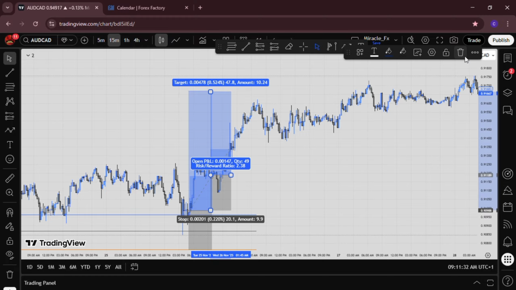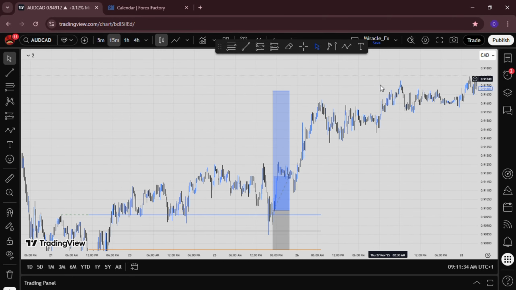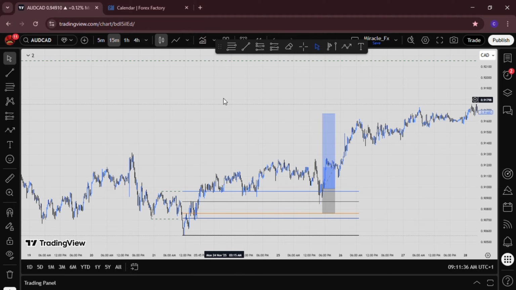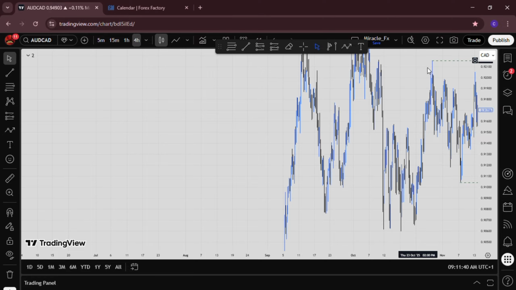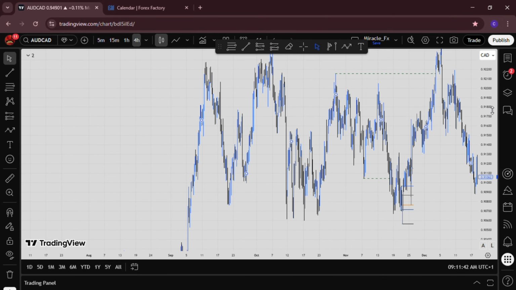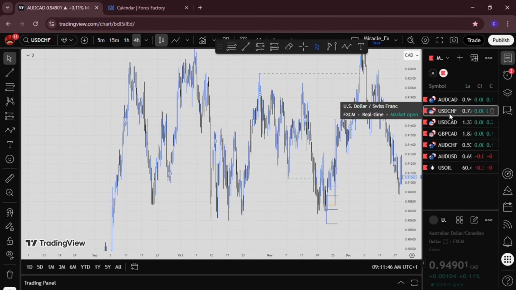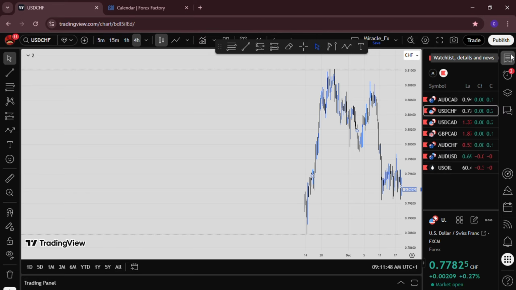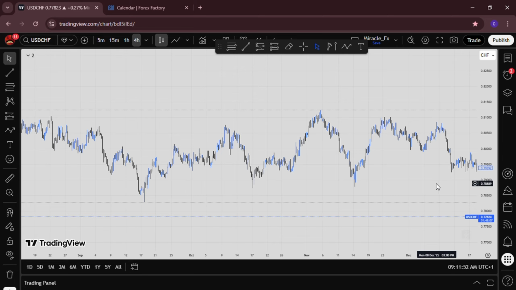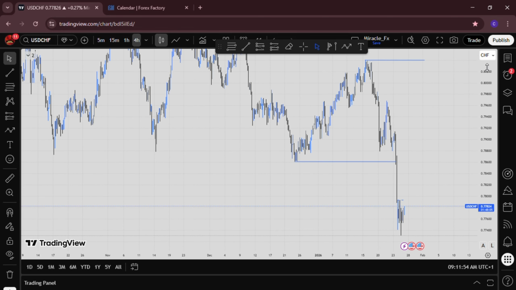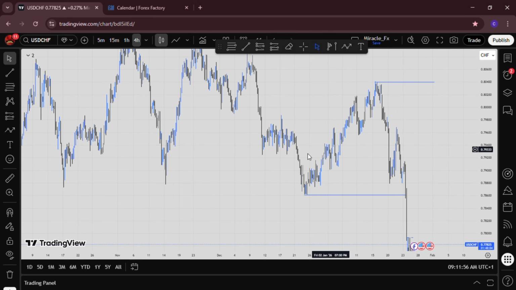Let's look for another example. Head over to the 4 hour time frame. Let me use another currency pair. Here's the CHF. For example, this is a 4 hour break of structure.